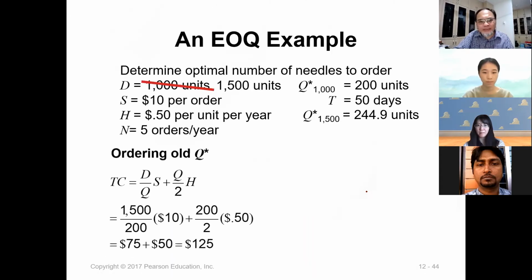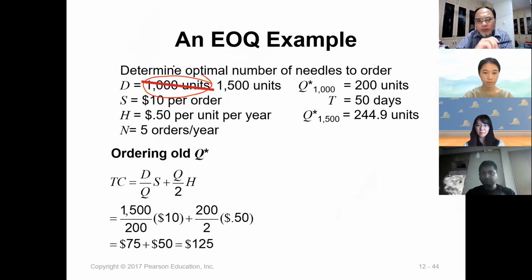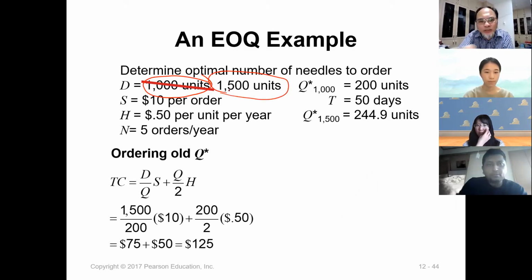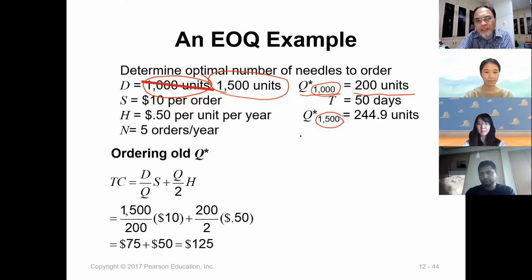Okay, it shows here an example like this. Suppose suddenly your demand is not 1,000. Your demand is 1,500. So by using the formula, I calculate, for example, Q star at 1,000. When I say Q star 1,000, you understand, it's 200 units. Q star at 1,500, that means I calculate the new Q star, which is 244.